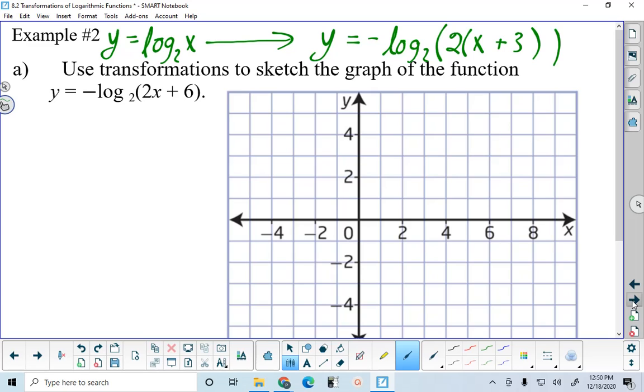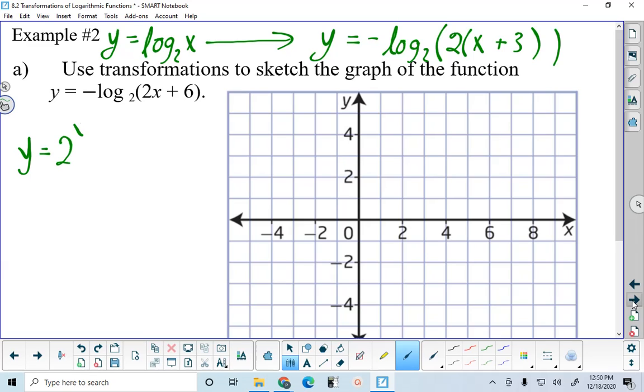It's 1/2, which is the reciprocal of b, good. And then we have a horizontal shift. Is it 3 units left or is it 3 units right? Definitely left.